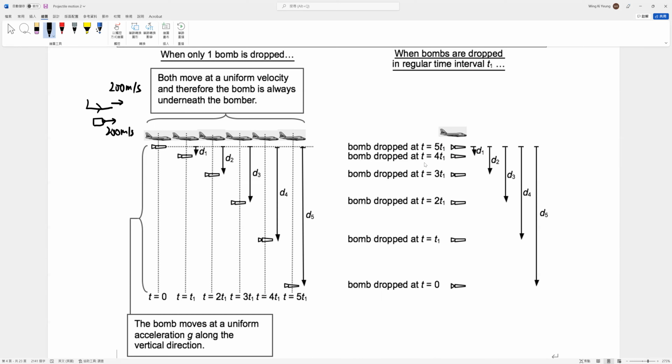It also has the speed of the jet, so it's also 200 meters per second. That's why, if you look at this diagram, the bomb is always below the jet, because the jet and the bomb always have the same horizontal velocity.